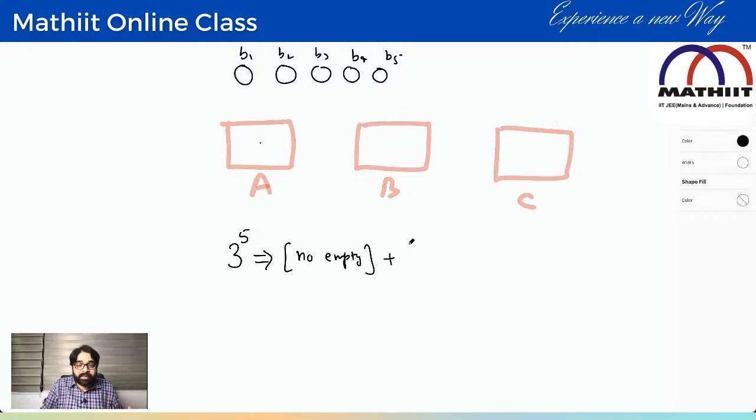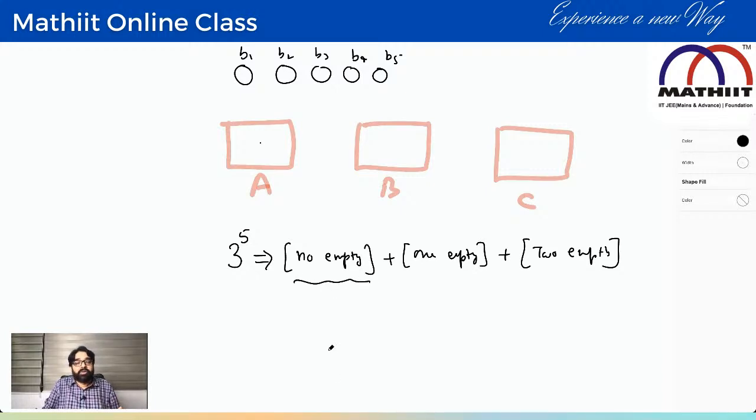So 3 power 5 contains the no-empty-box case, and also the 1-empty case, and the 2-empty-box case as well. Yes or no? I want only this case, so this case will be the total minus this minus this.